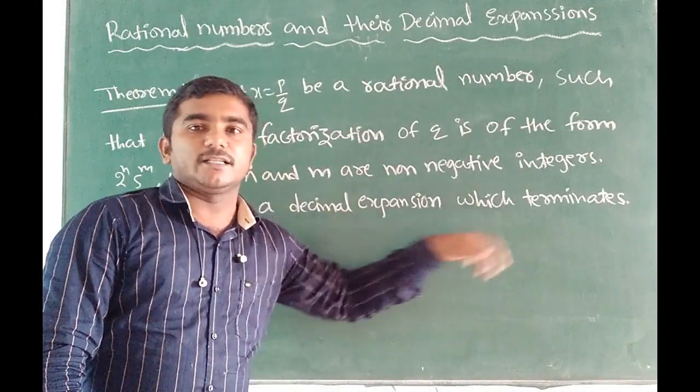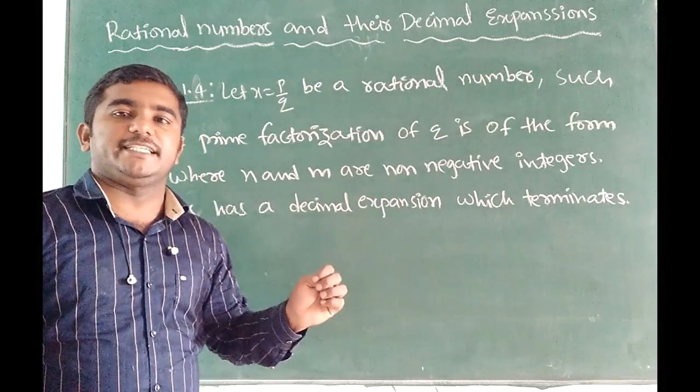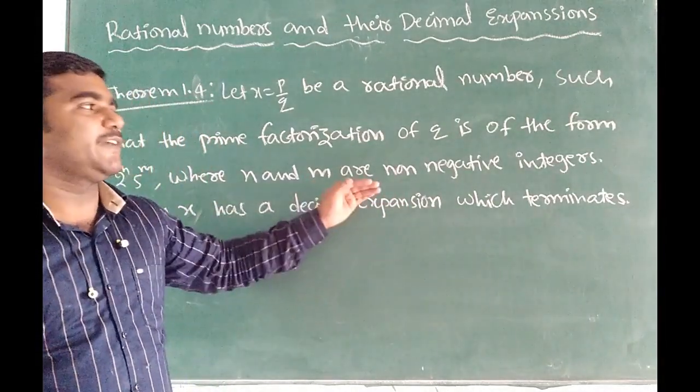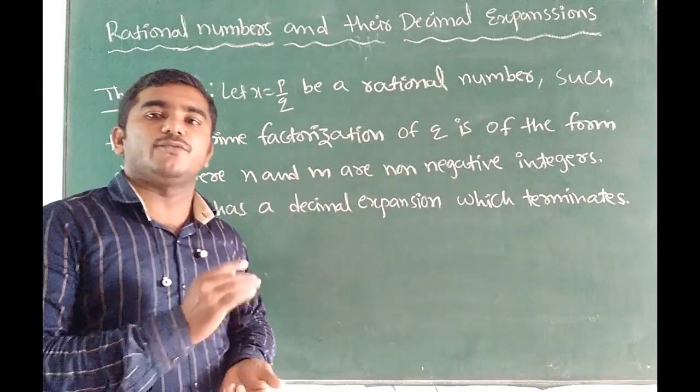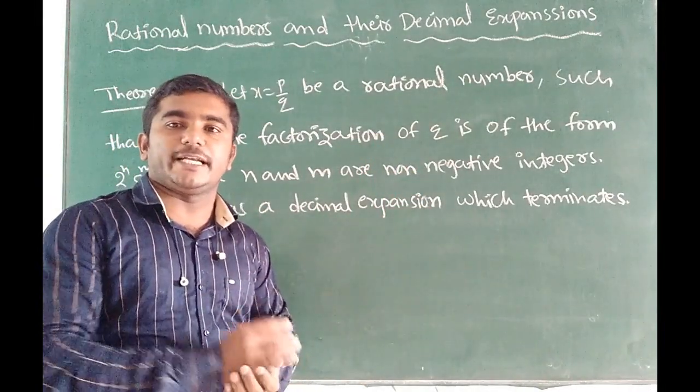Is it clear? In theorem 1.3, if it terminates, compulsorily q is in the form of 2 power n into 5 power m.